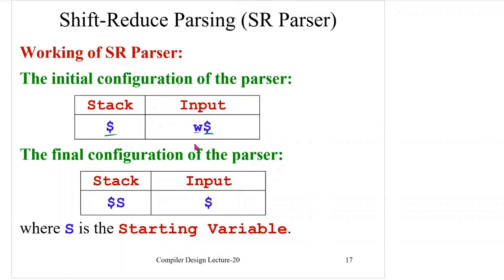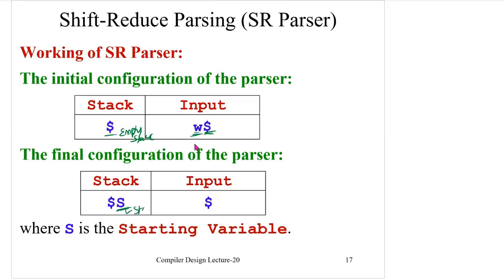Whereas in the predictive parser, the initial configuration had the stack with dollar and S, where S is the starting variable on top of the stack.